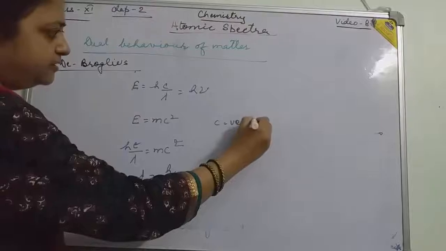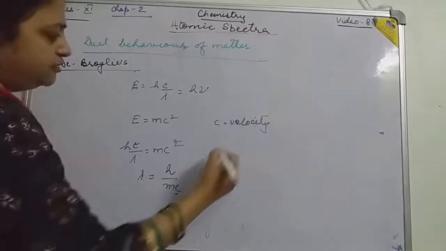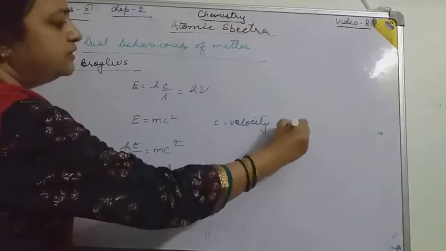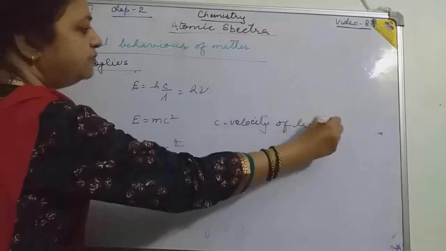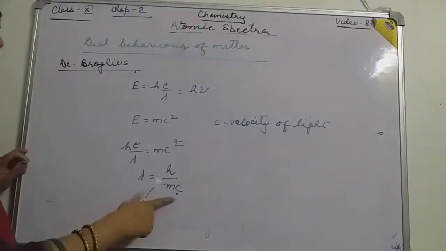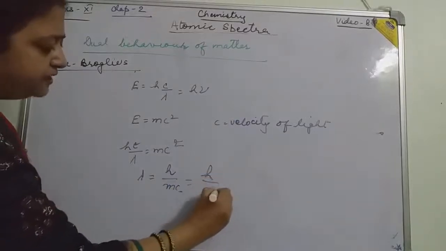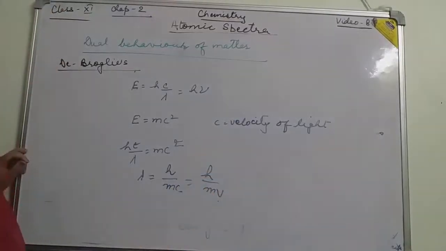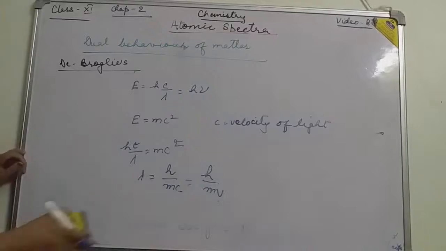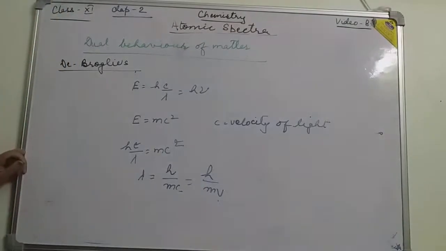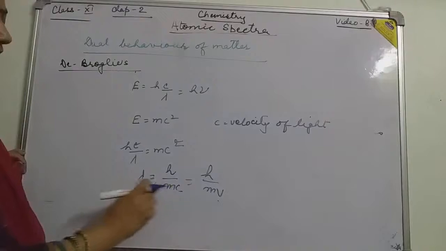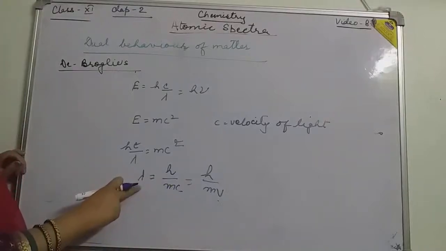De Broglie changed this velocity of light to v, so lambda is equal to h by mv, where v is the velocity of any matter. By knowing the velocity of any matter, we can calculate the wavelength of that matter.